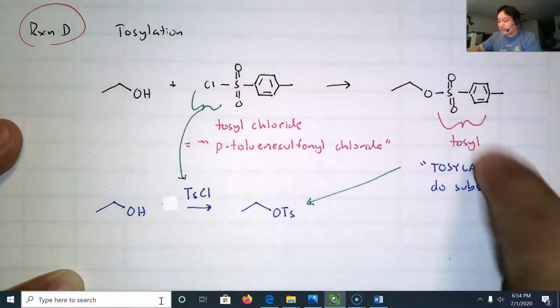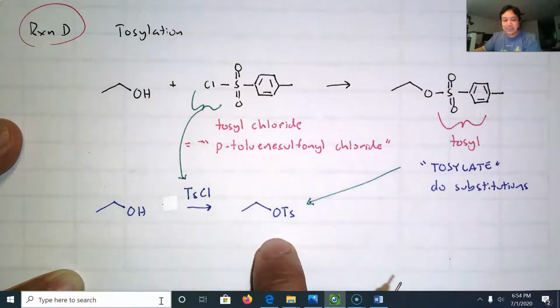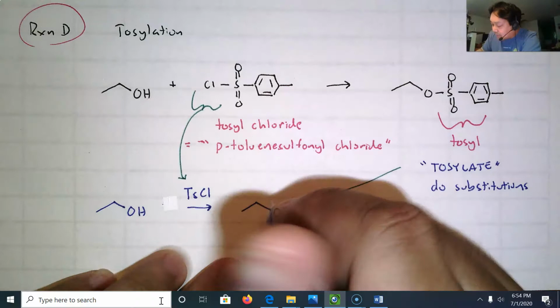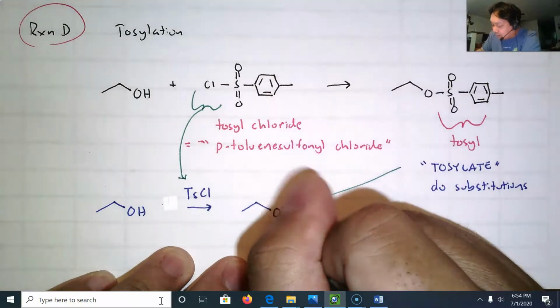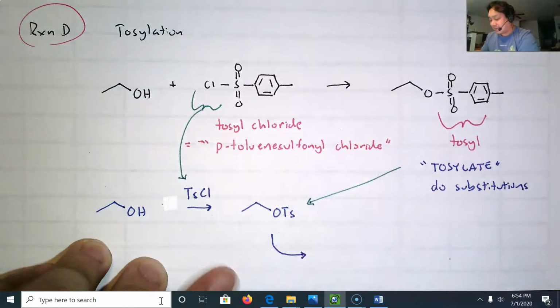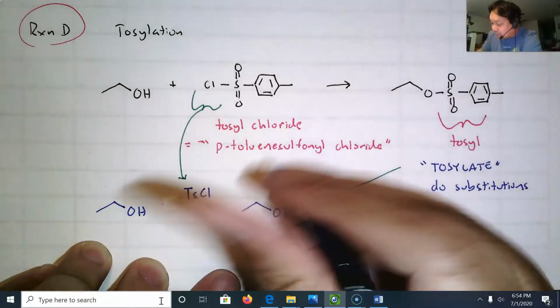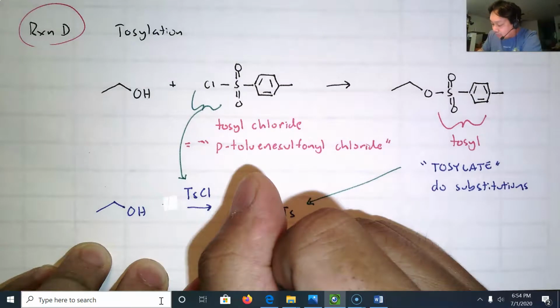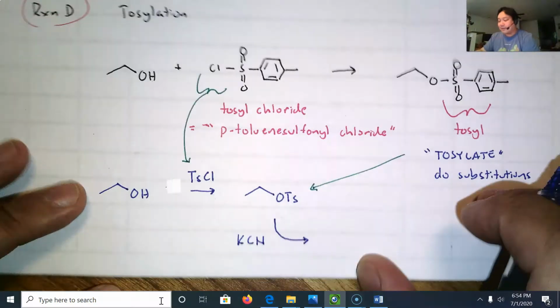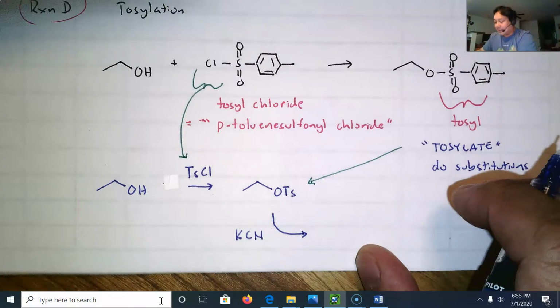Tosylate, tosylate, tosylate. The reason you want to do this is you could do any substitution. For instance, you know what a good nucleophile is. Remember the cyanide nucleophile, CN minus.